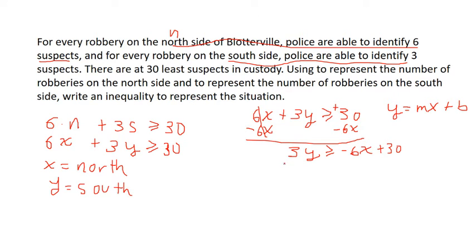And last we divide by 3 on each side. So if I divide by 3, we're gonna end up with y is greater than or equal to negative 2x plus 10.